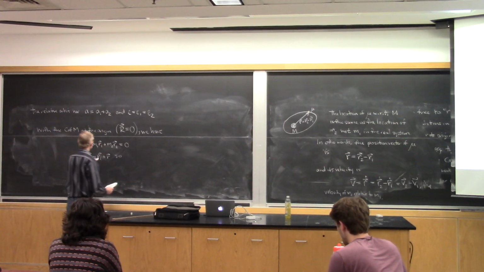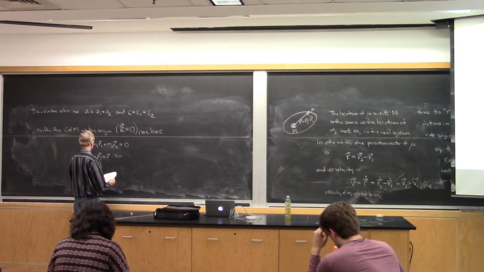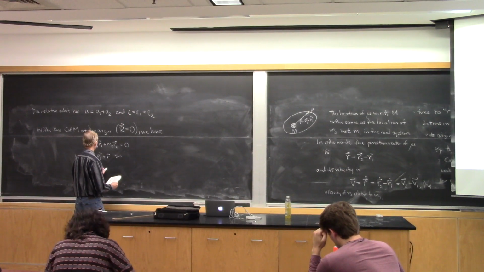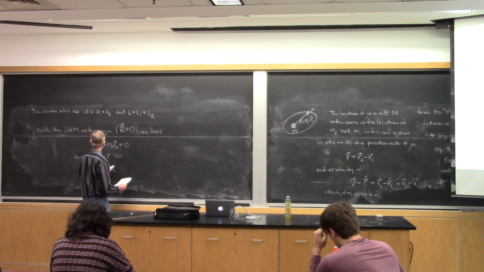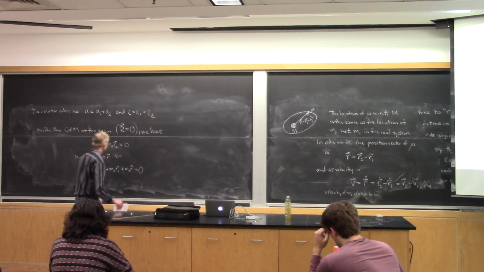So put that in here. Put that in for R2, and we get M1 R1 plus M2 R1 plus M2 R is equal to 0.